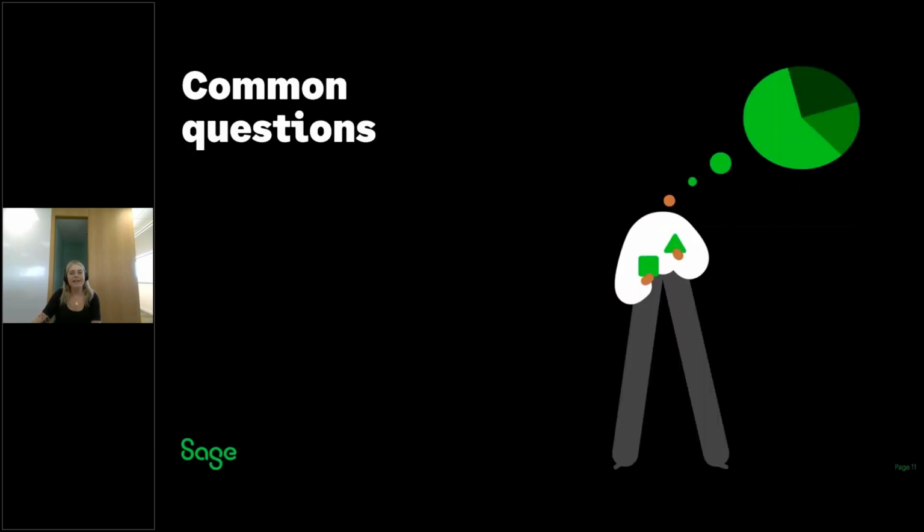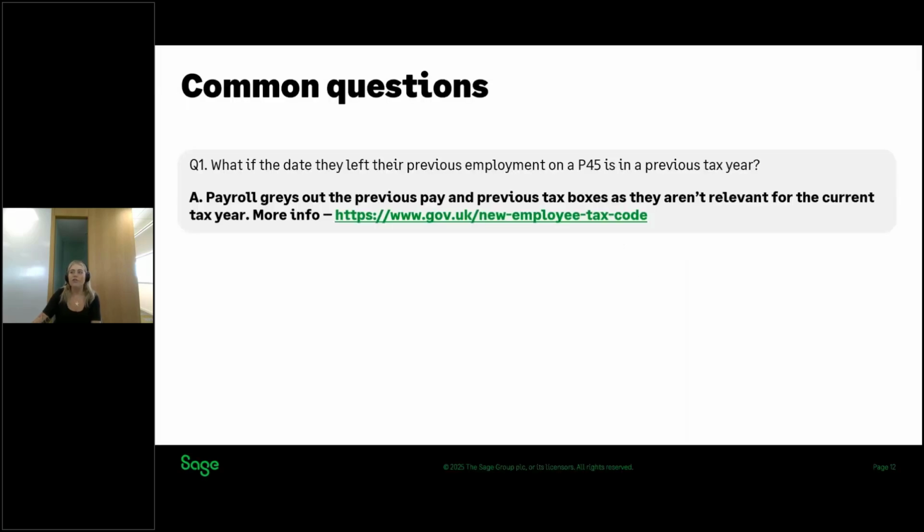So let's take a little look at some common questions around starters. Question number 1, what if the date they left their previous employment on a P45 is in a previous tax year? Once you enter the leaving date from the P45, you won't actually be able to enter previous pay and tax as it relates to an earlier year.